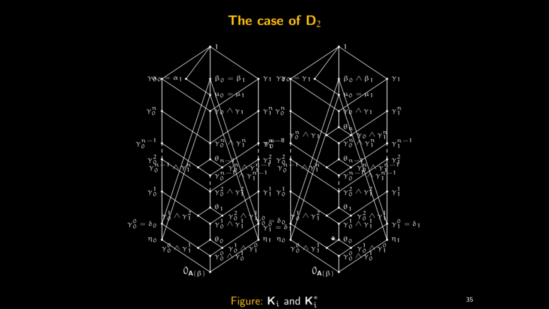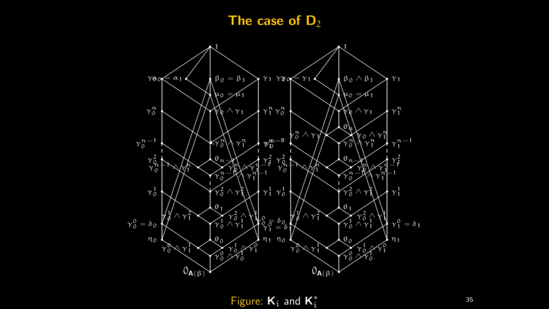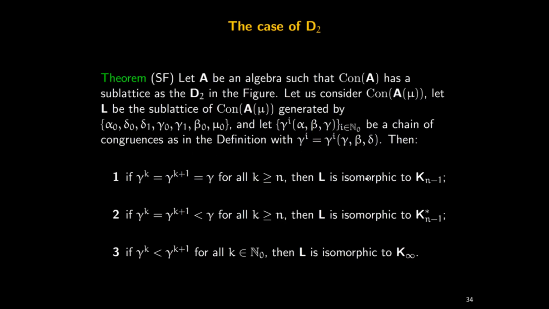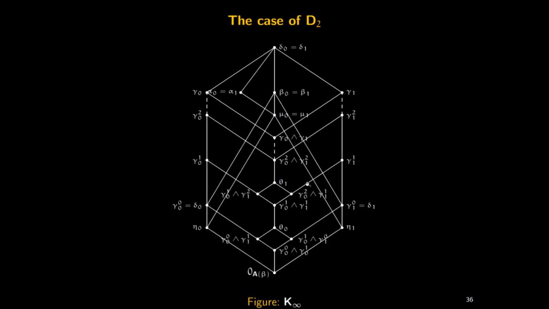And this chain of squares ends with a square when we have the star, ending without a square with the collapsing case, when we have the first case. When the chain is infinite, then you get what I call the K infinite. It was also used for another lattice in the literature, but still the notation is a work in progress. That is this lattice where you have an infinite chain of these squares.